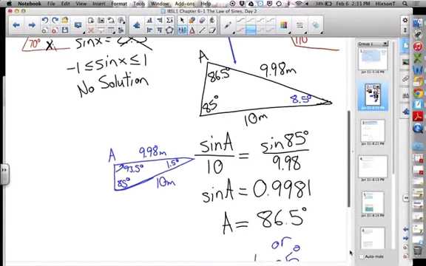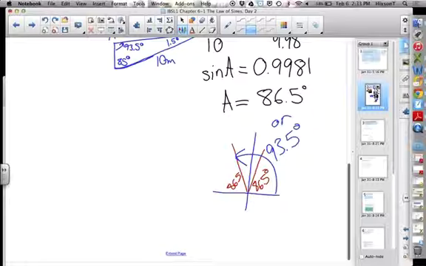Okay, so for example, let's say I had a triangle here where this was 82, 55 or something, and I was given 6 and 5, and I wanted to figure out this angle.